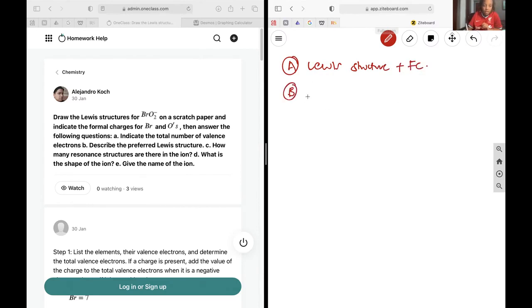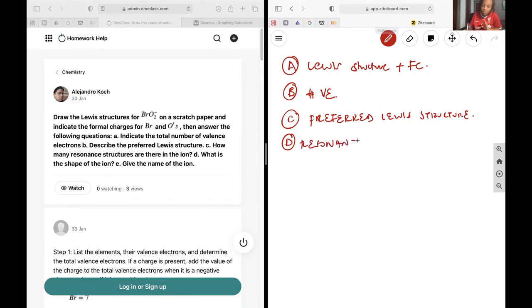The second part, I would like to indicate the number of valence electrons. For the third part, I would like to know my preferred Lewis structure. D, how many resonance structures do I have?